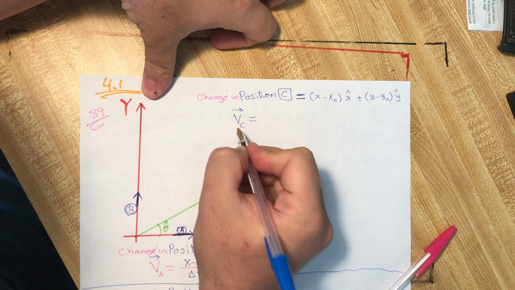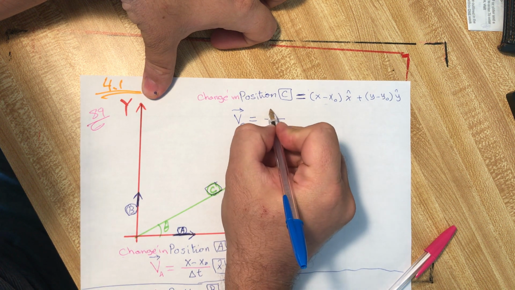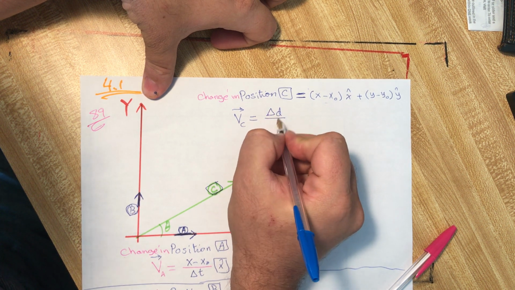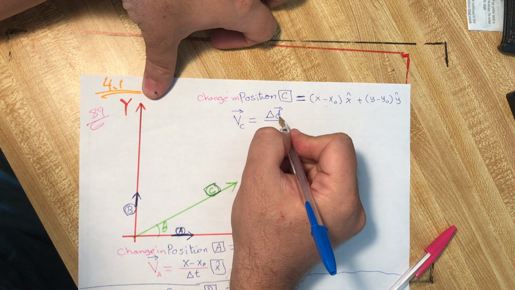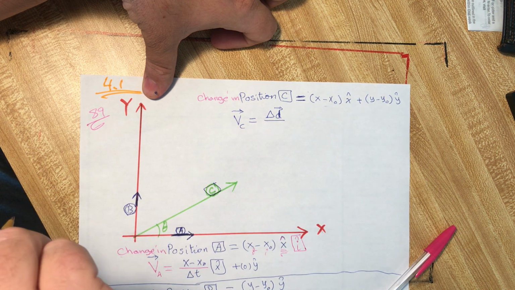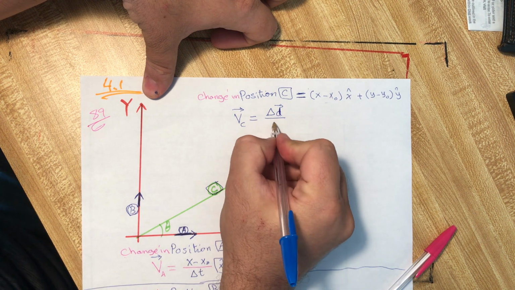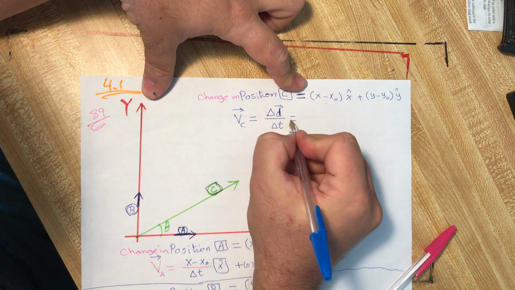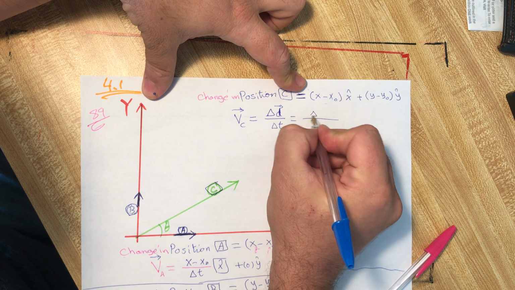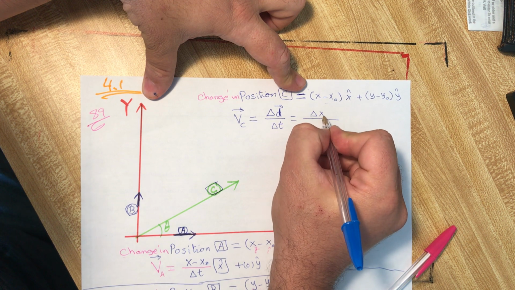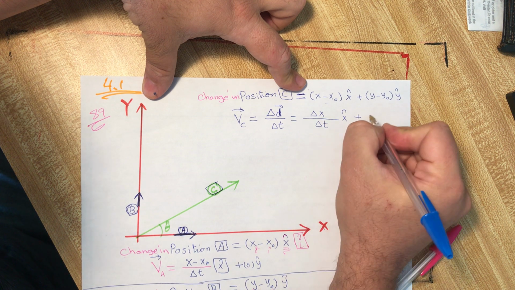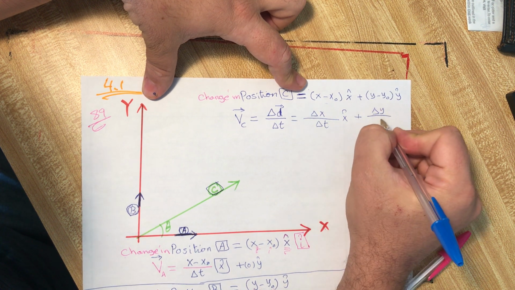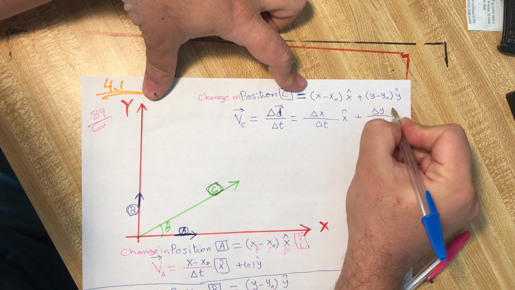What if I need to compute the velocity for the object C? The velocity for object C is the change in position, delta r, divided by delta t, which is equal to delta x over delta t in x direction plus delta y over delta t in y direction.